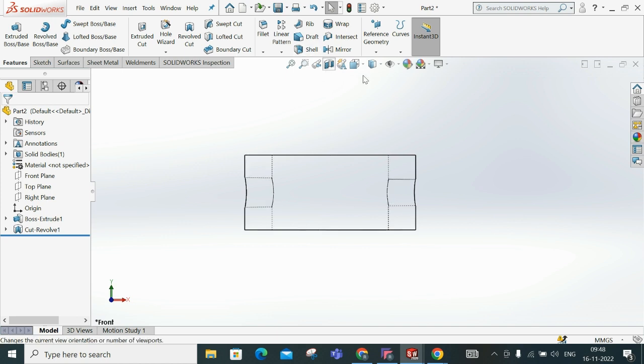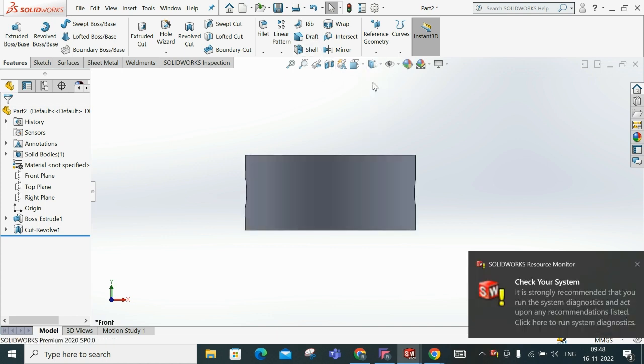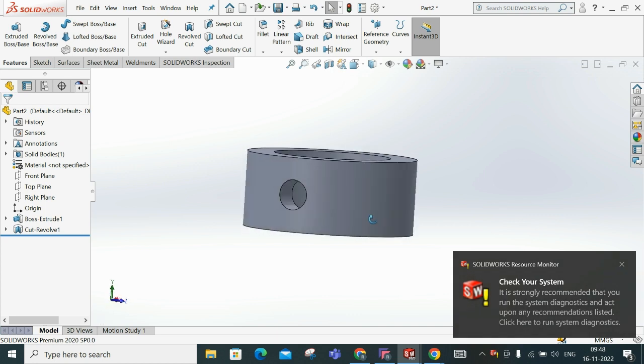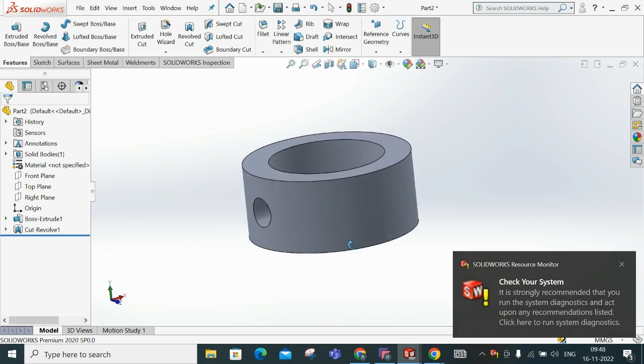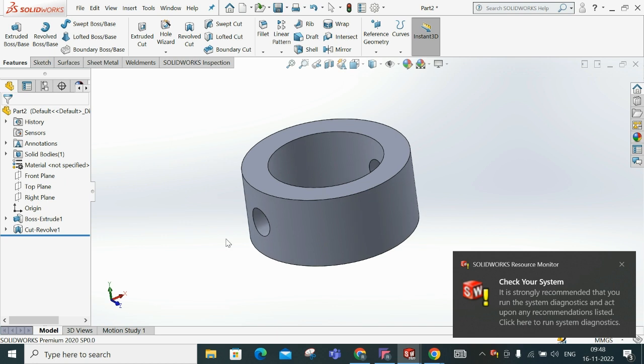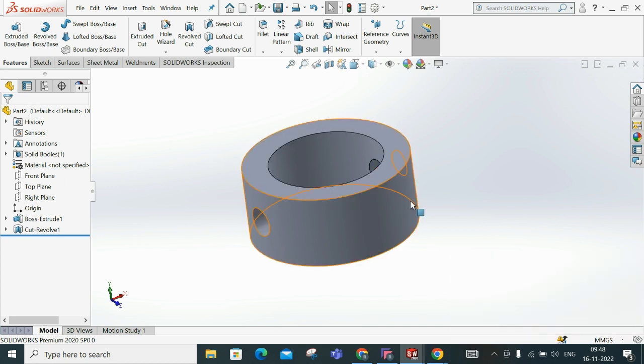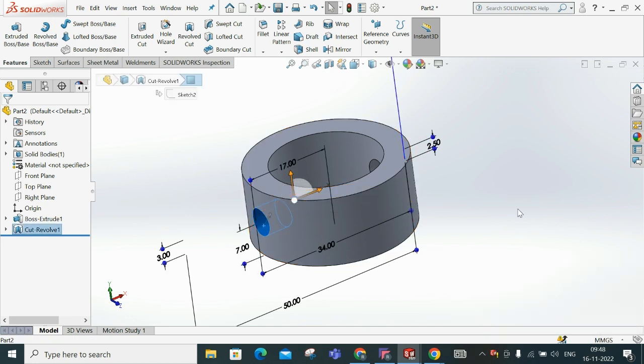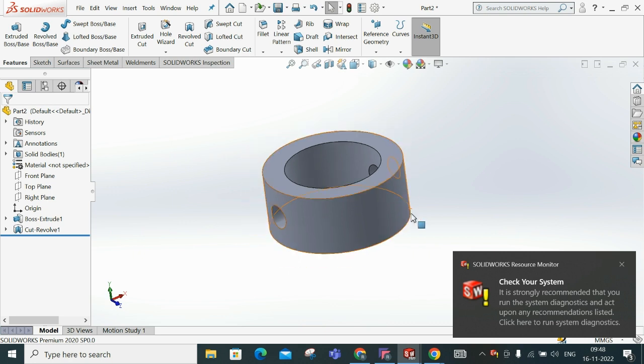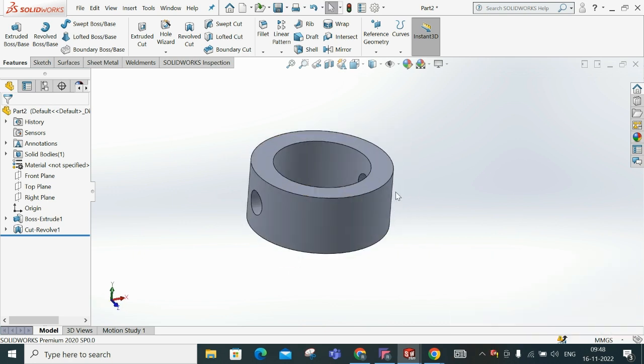The same concept can be applied while creating the taper also. Here the taper pin will pass through this hole, and after a certain limit it won't pass. Okay.